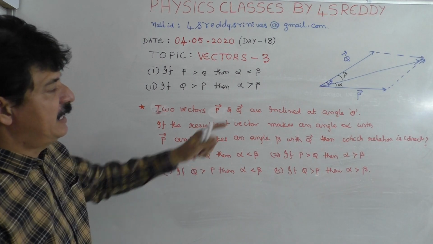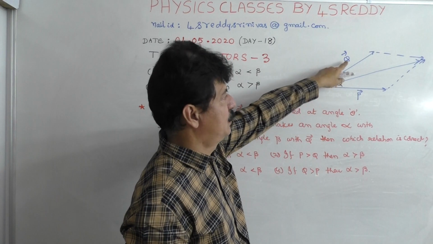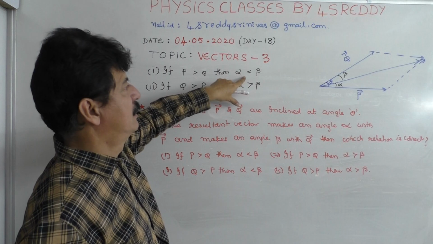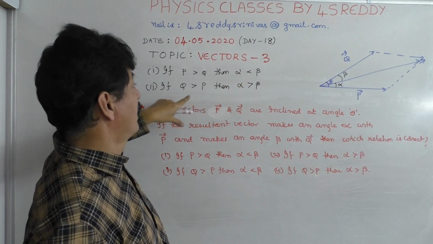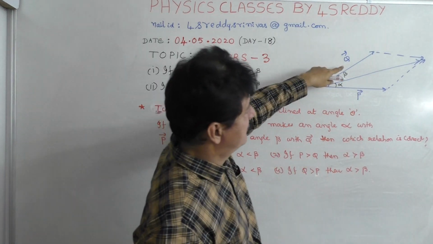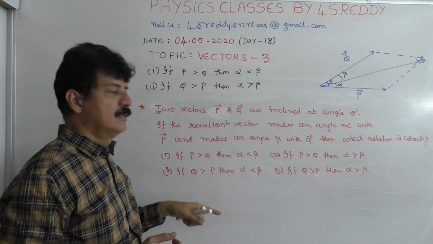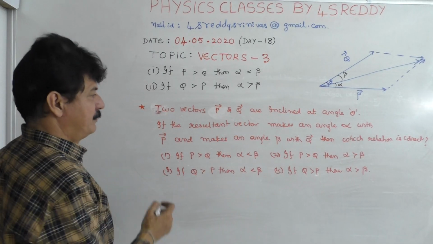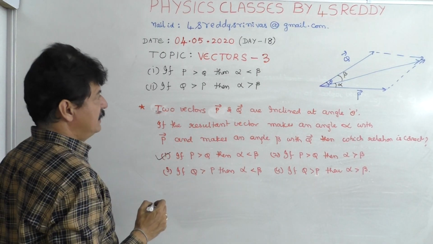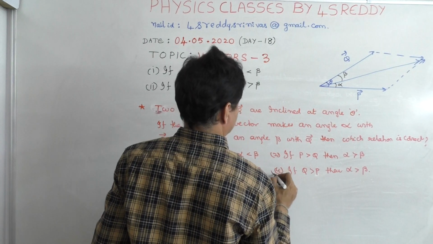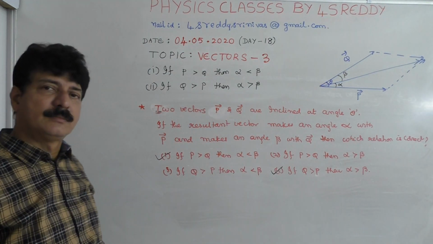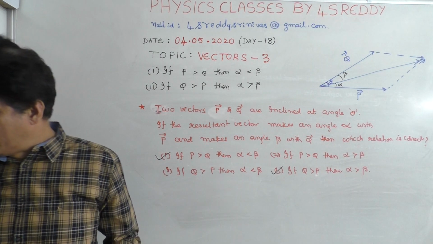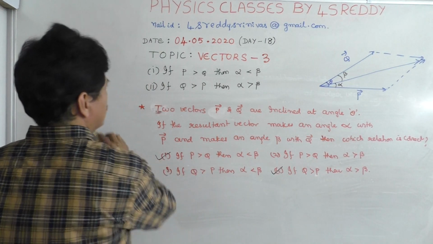So, if P is greater than Q, this resultant moves downwards, so alpha is lesser than beta. If Q greater than P, then beta is less than alpha, or alpha is greater than beta. So, right answer is this and also this. Got it? Like that we have to do. That is a very important point regarding this.